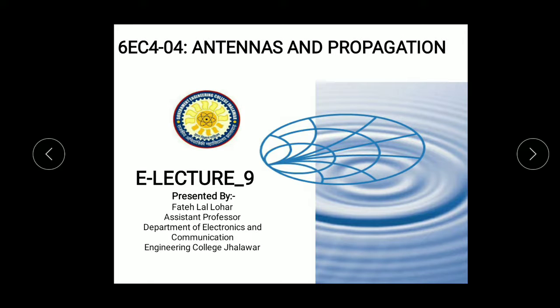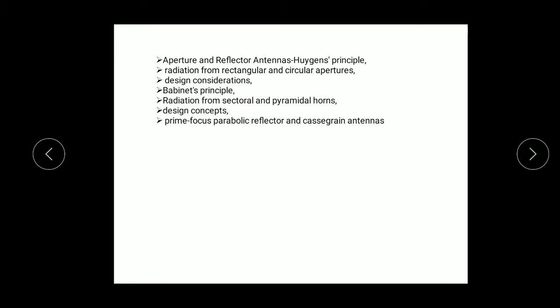The lecture is prepared for the R2 syllabus, Antenna and Propagation, for 6th semester EC students. In these lectures, we will discuss the topics aperture and reflector antenna, Huygens principle. Second, we will discuss the radiation from rectangular and circular aperture.